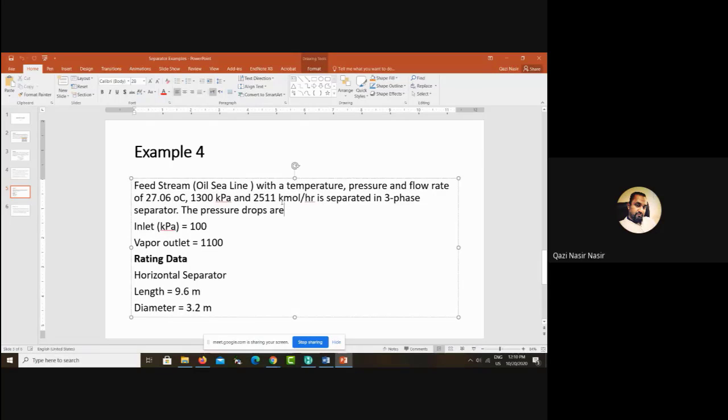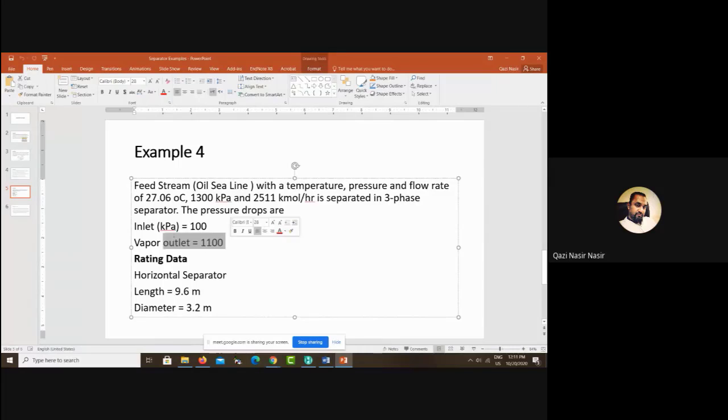So this feed is to be separated using a three-phase horizontal separator, and some of the information regarding the three-phase horizontal separator is mentioned here. Pressure drop, which is 100. There are two pressure drops in this case. The inlet pressure drop is 100, and then we have the vapor outlet pressure drop, which is 1100.